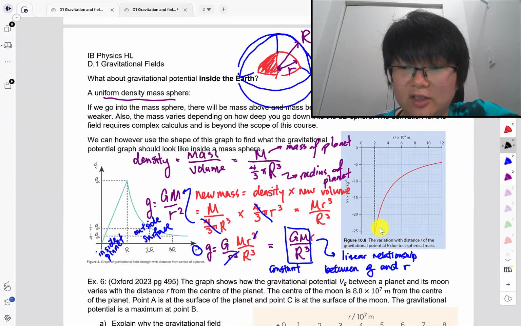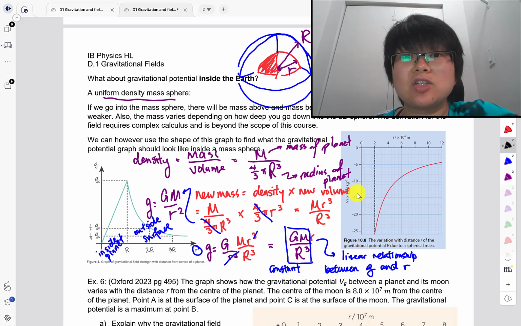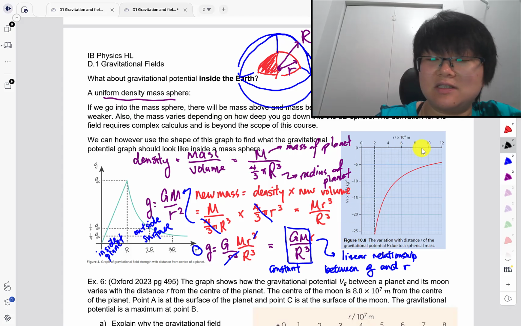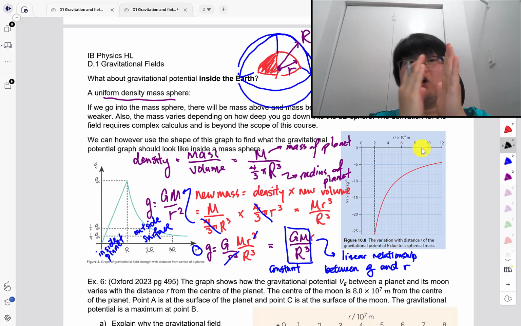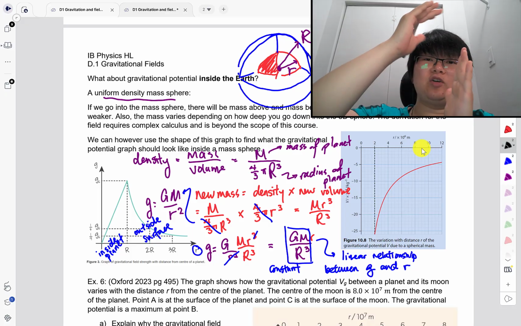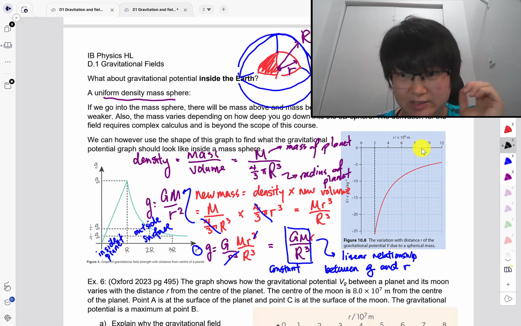Okay, so now we can ultimately answer this question: what should the rest of this graph look like on the gravitational potential versus distance graph? Going back to the definition of gravitational field, this is the negative derivative of the gravitational potential over space; we're looking at how it slopes, how it slants over space.